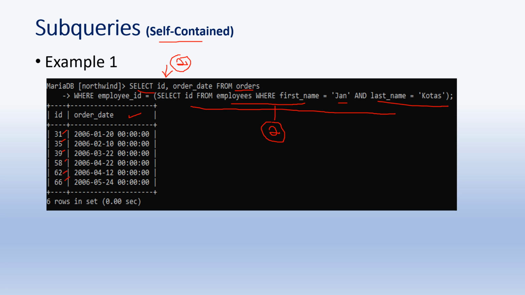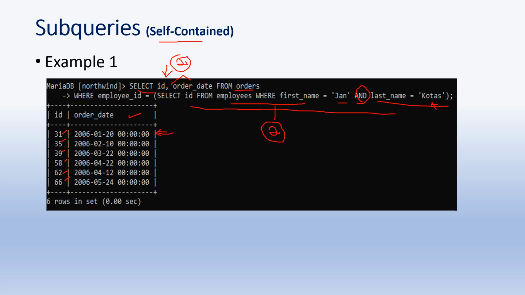We only select 2 columns from order, but all these IDs belong to Jane Kotas. So anyone whose first name is Jane and last name is Kotas, the value will be returned, as you can see in this table.